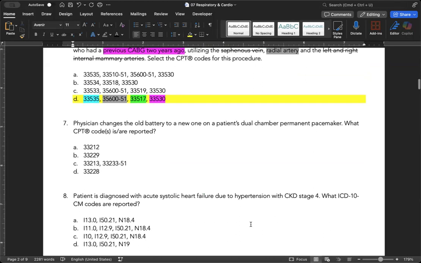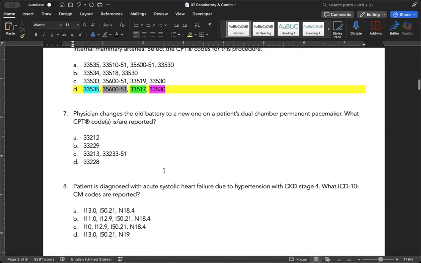Okay. Number seven, physician changes an old battery to a new one on a patient's dual chamber permanent pacemaker. So what CPT code or codes are we going to report? For this one, we have 33212 and 33213 are really close. And then we have 33229 and 33228 that are really close.